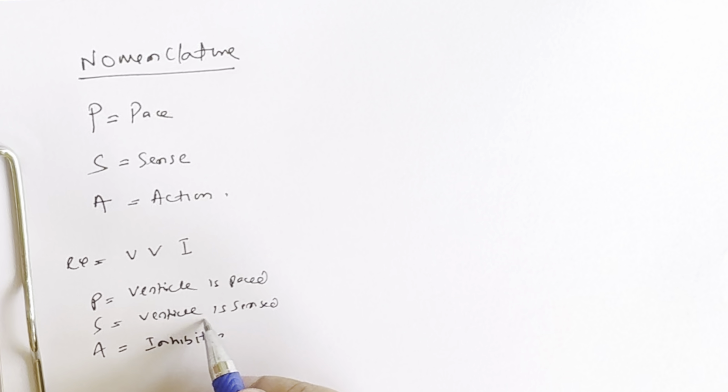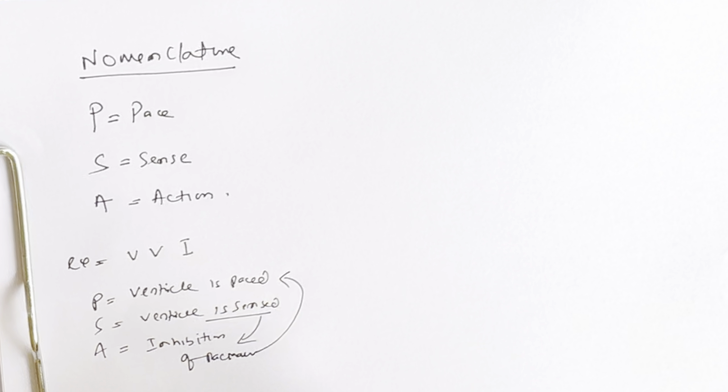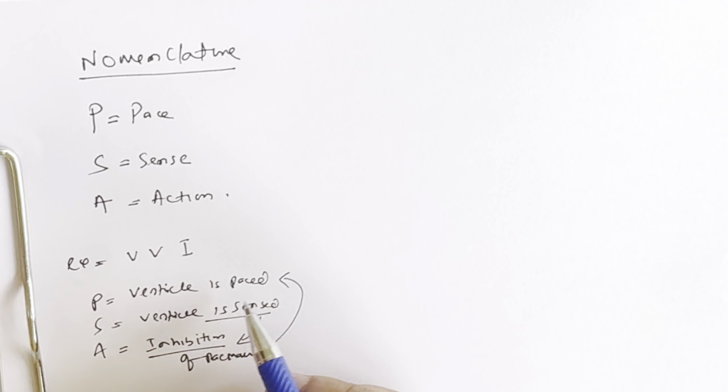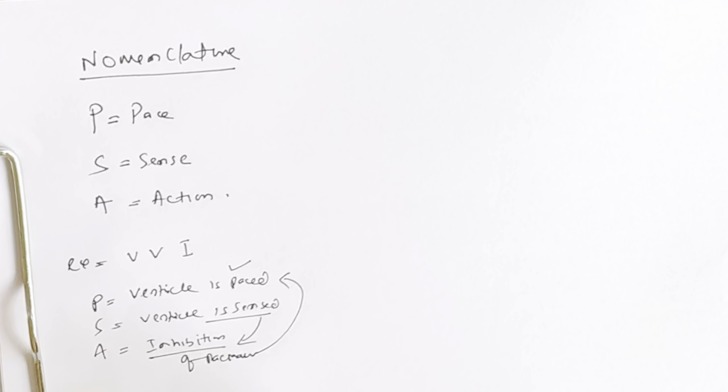When it senses that the ventricle can produce a voltage enough to produce a natural contraction, then it will inhibit the pacemaker from producing a paced beat, right? However, if the pacemaker does not sense that the ventricle can produce a beat on its own, then there is no inhibition and the ventricle is paced, there is a paced beat, right?